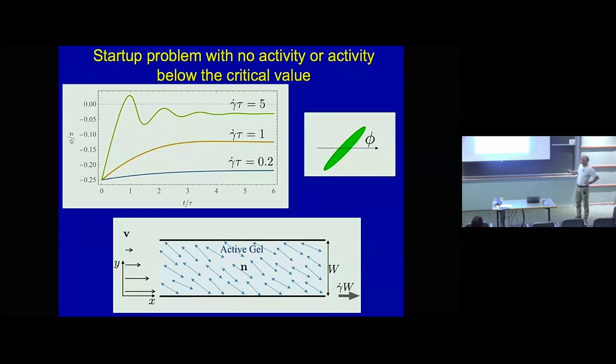This is just coming from the balance of the co-rotational derivative, that's balancing with the entropic force, which is tending to make it isotropic. So that's what sets this final position. And you've got this extra term, the extensional flow, which is tending to make the rods align at 45 degrees.